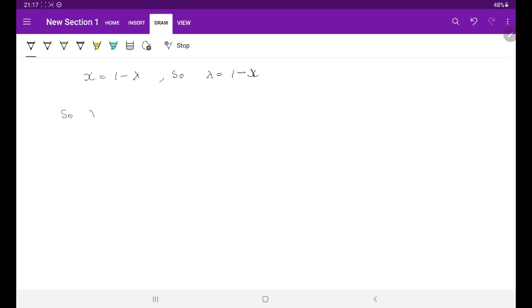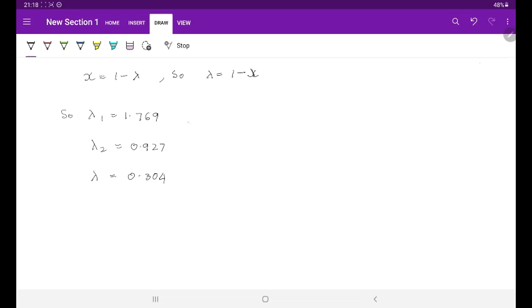So lambda 1 is equal to 1.769, lambda 2 equal to 0.927 and lambda 3 equal to 0.304. These are the 3 eigenvalues.